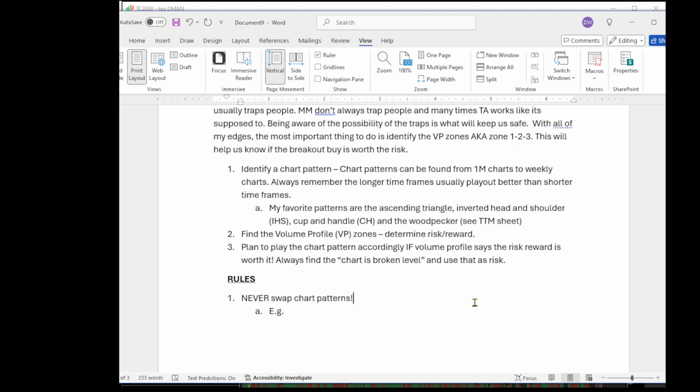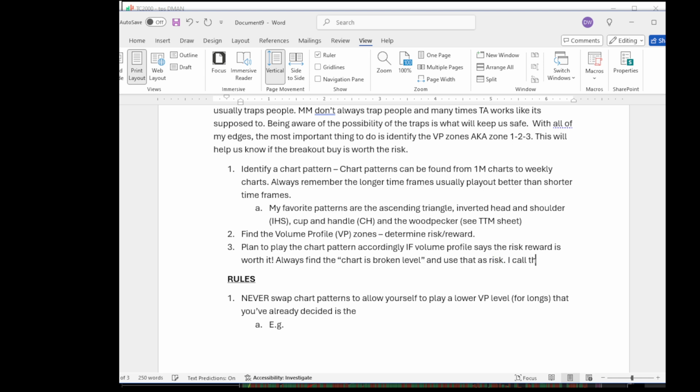And so never swap chart patterns to allow yourself to play a lower VP level for longs. Never swap chart patterns to allow yourself to play a lower VP level that you've already decided is the, I'm going to say always find the chart is broken level and use that as risk.